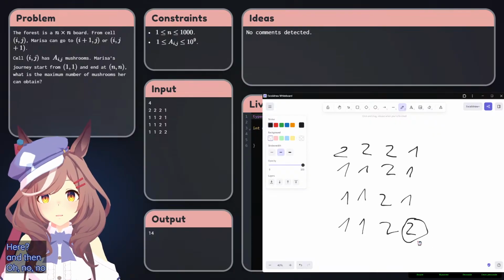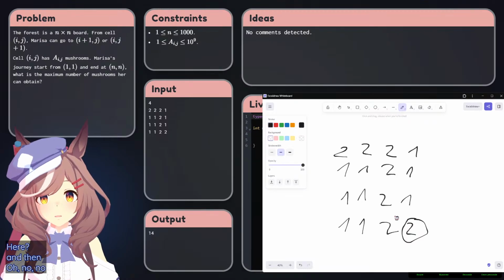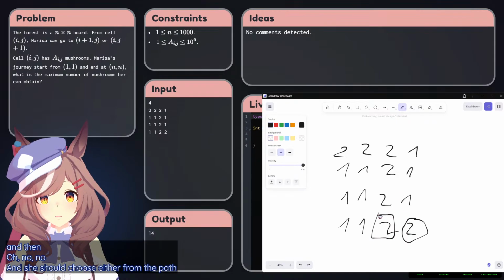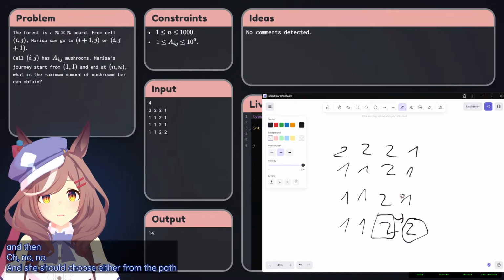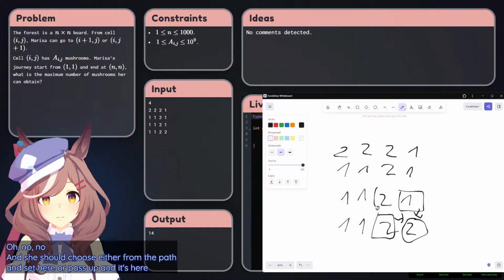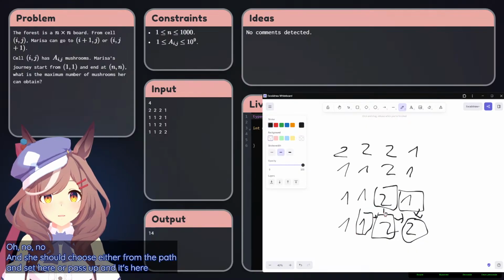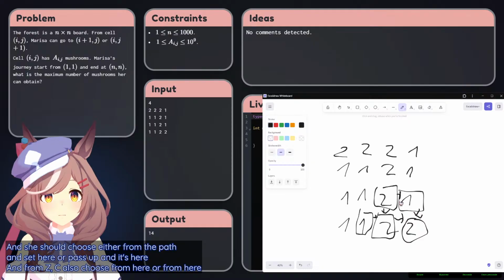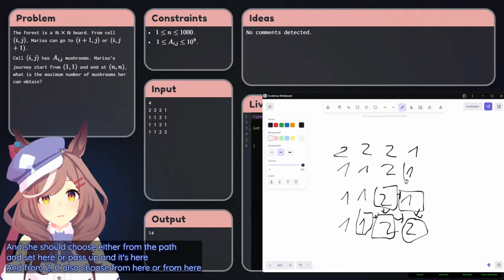So she collects 2, and she should choose either from the path that ends at here or the path that ends at here. And from this, she also chooses from here or from here, and also from this, from here or here.